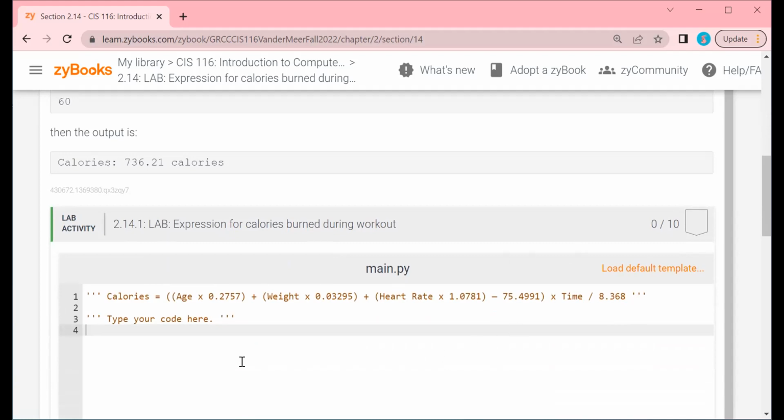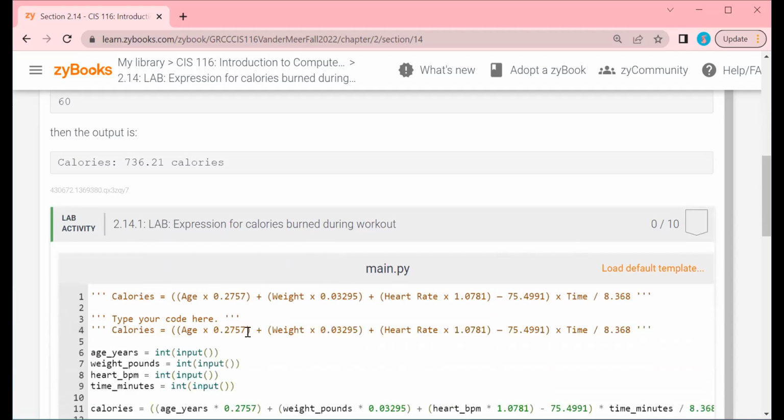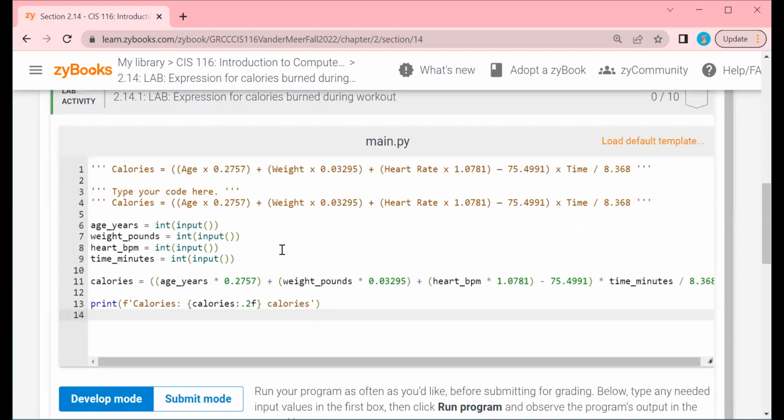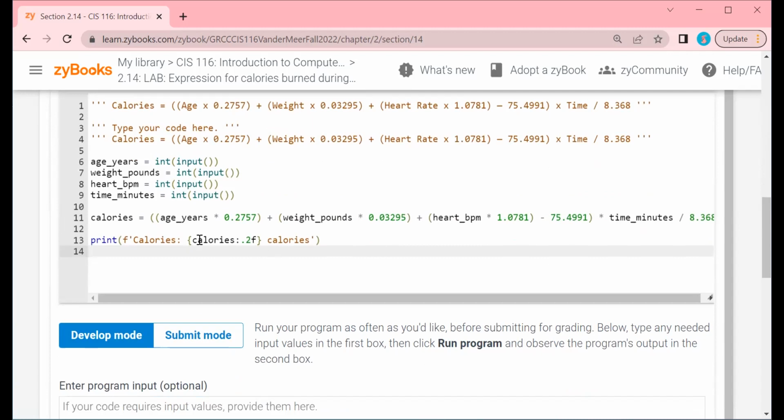I actually think this one's a little bit more straight up. They give you the formula. Here's the sample output. Here's the sample solution. Again, I don't like how they don't do any prompts. If you're taking this over in Spyder, it's not saying enter your age here, enter your weight here, enter your heart rate, which I think makes way more sense. I totally agree. Yeah, but I have four numbers that I'm taking in.